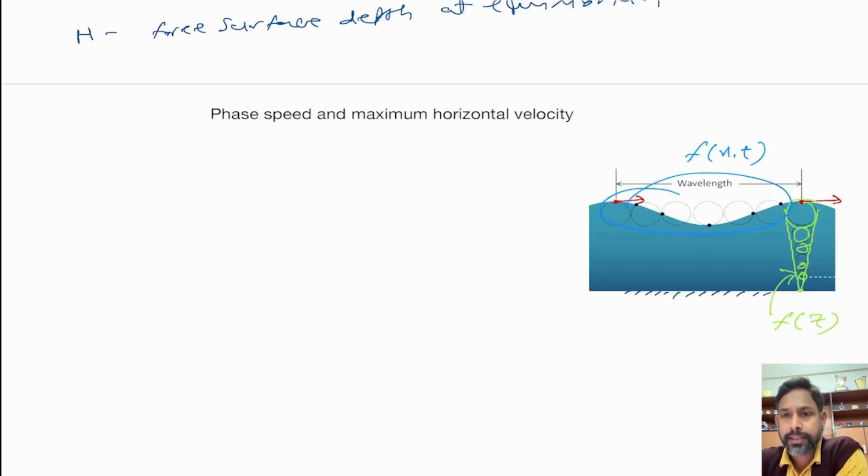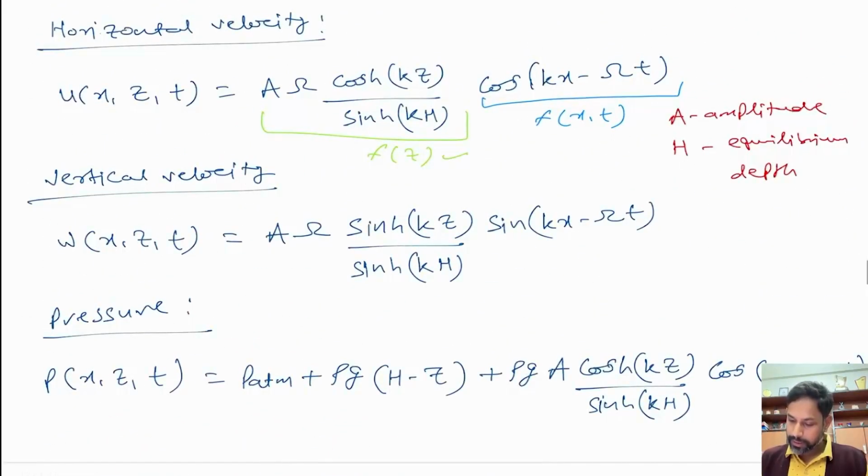So f of x, t, which is the periodic function either in cosine or sine, tells you how your wave is moving from left to right, or from one direction to another in space, that is x, and also how that is changing in time. But how the velocity is changing vertically in depth is given by f of z. Again, f of z is this particular part, and f of x, t is this particular part, and the same thing applies in the case of vertical velocity and pressure as well.